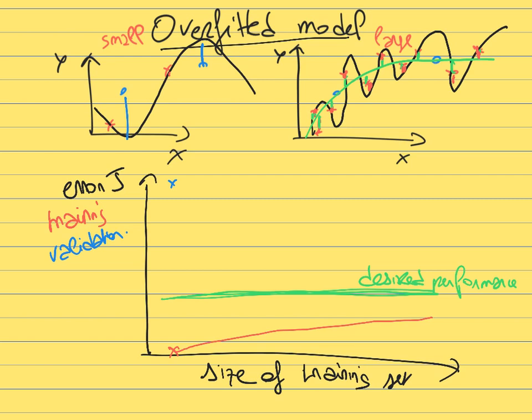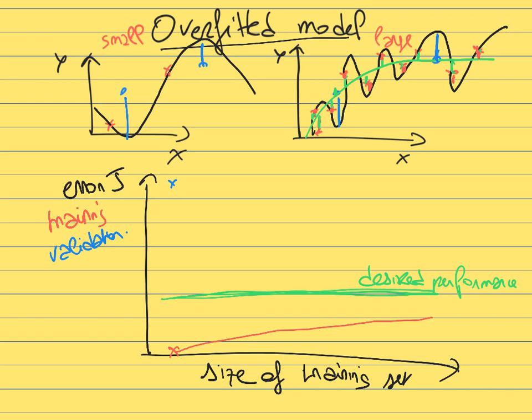Now let's look at what happens for the validation set. When you look at what should be the error between the validation set and your model, you should expect a pretty reasonable error like this, but actually, because your model is so deformed, it is making a very large error. The error in predicting the validation set is very large. It's because now your model is overfitted. It doesn't generalize very well. It has too much variance.